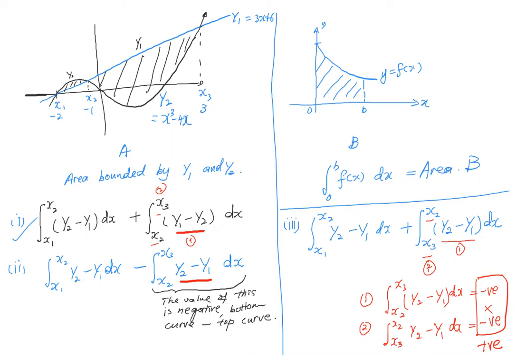So they can turn this question in your final and ask which of the following are the same. So you have to go back to your fundamental theorem. If I flip the limit, the value becomes negative. If I take the bottom minus the top, the value becomes negative. So if I do both, negative times negative becomes positive.